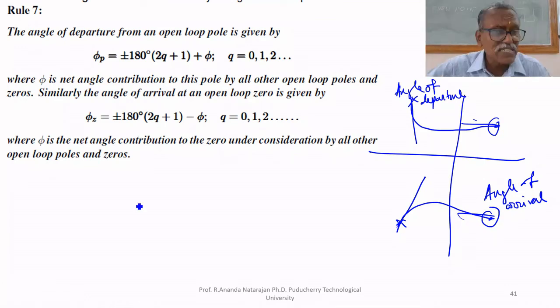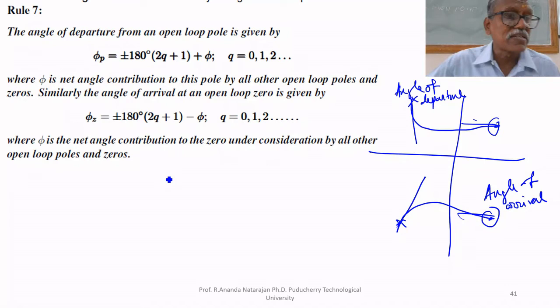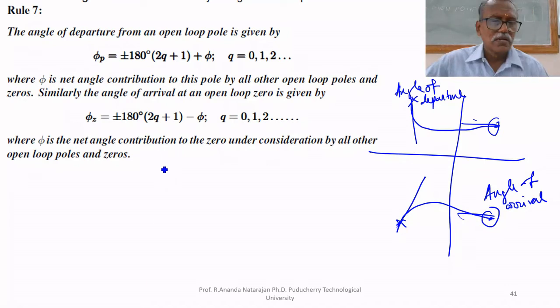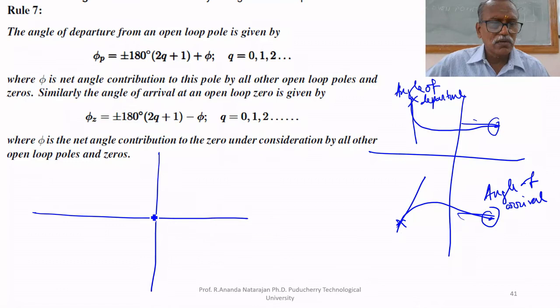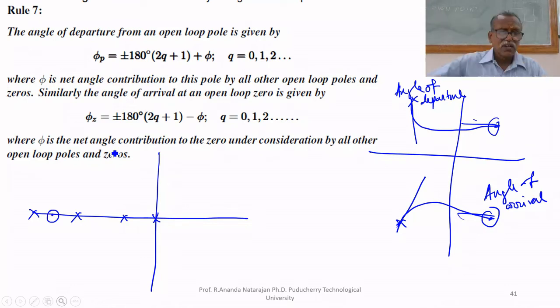Now let us find the angle of departure. Suppose I have 6 poles and 1 zero. For that, I have to draw the root locus.